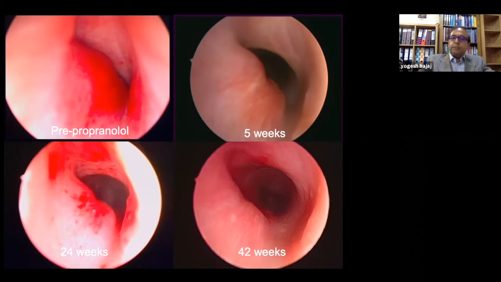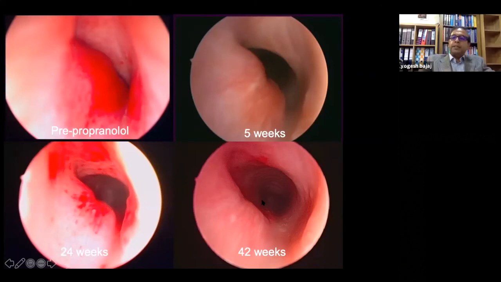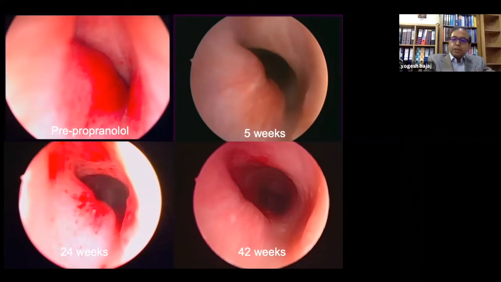You will do the same. You will still serially endoscope to see how the hemangioma is doing. And ultimately, once the hemangioma has shrunk on its own or with propranolol, then you think in terms of, do I decannulate?